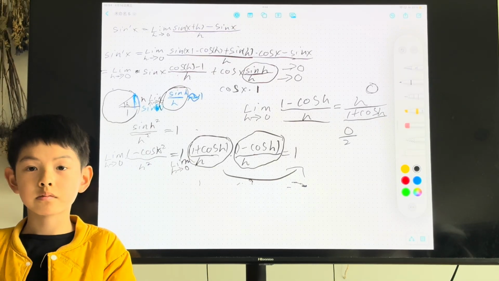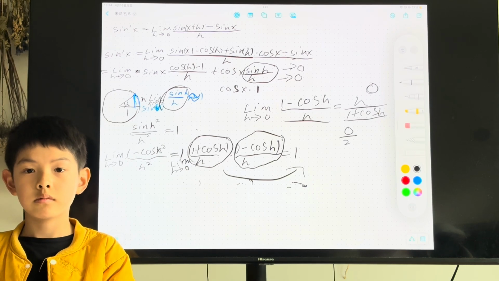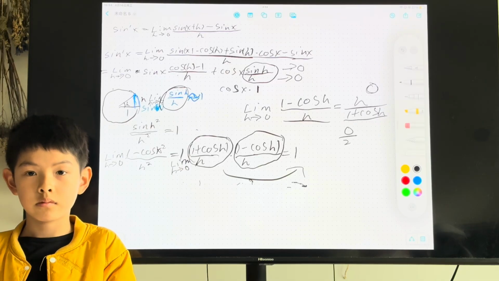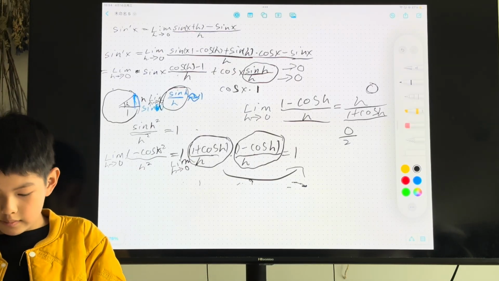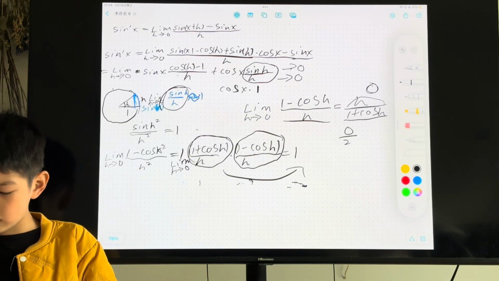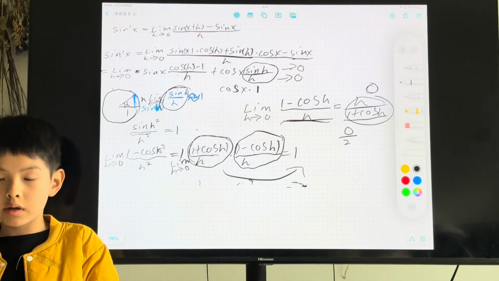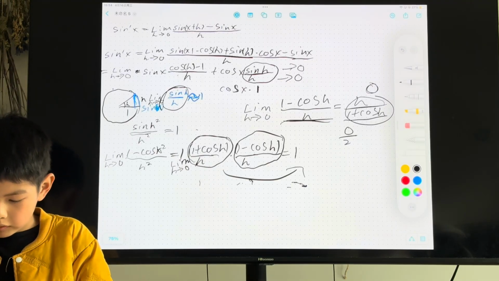Taking the limit is very important. You should write it down. If you don't write it, it's not a limit, then they are not equal. This is as h approaches 0. This is just equal to 0, and we can multiply by minus 1 on both sides.